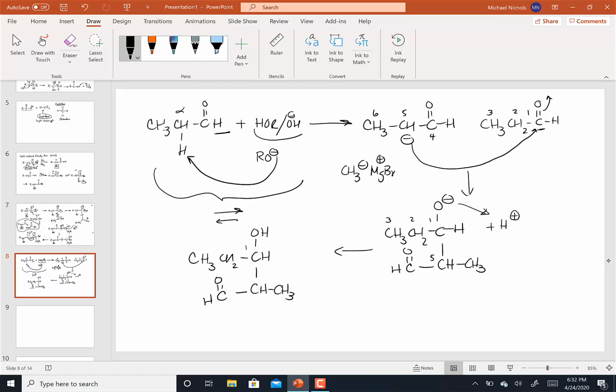Okay, so this was carbon 1, this was carbon 2, this was carbon 3, this was carbon 5, this was carbon 4, and this was carbon 6. Okay, now what did I just make? Well, starting with the carbonyl, this is the alpha carbon, this is the beta carbon. So this is called a beta hydroxy aldehyde in this case.